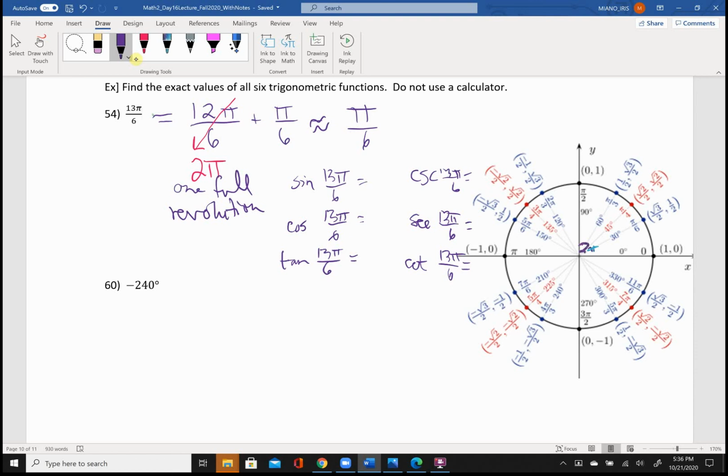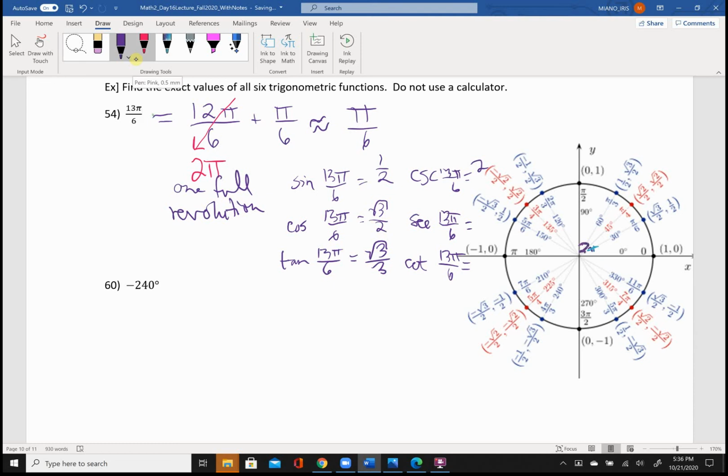So what is its cosine? We could start there. That's root 3 over 2. The sine is 1/2. The tangent is root 3 over 3. The cosecant is 2, right? The reciprocal of the sine.